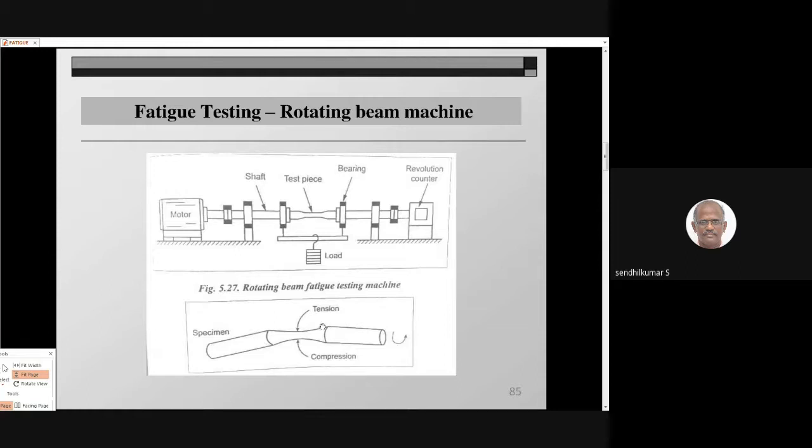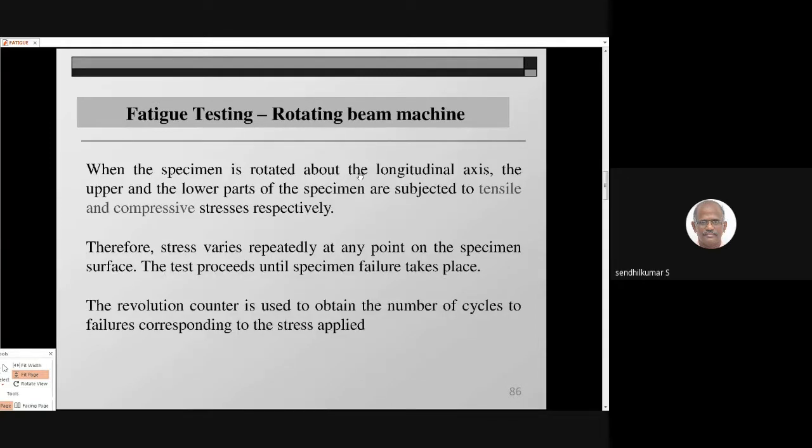The specimen will be subjected to both tensile force and compression force while it is in rotation. The specimen is rotated about the longitudinal axis. The upper part and the lower part of the specimen will be subjected to tensile and compressive stresses repeatedly. So these stresses vary repeatedly at any point on the specimen surface.